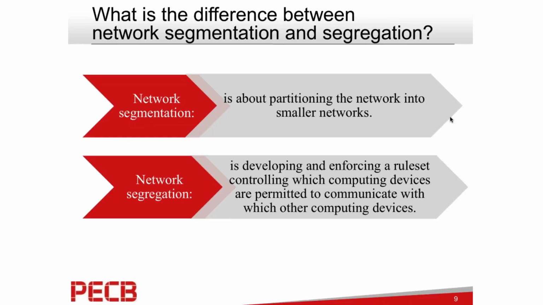So segmentation is more about partitioning your network into smaller networks, while segregation is about developing and enforcing the rule set that will control the network segmentation and either permit or deny access between resources. Those terms are sometimes used interchangeably, but it's not correct. You need to clearly understand the difference between the two of them.